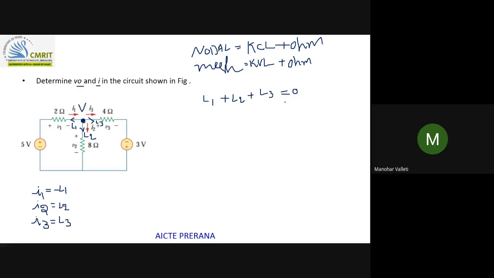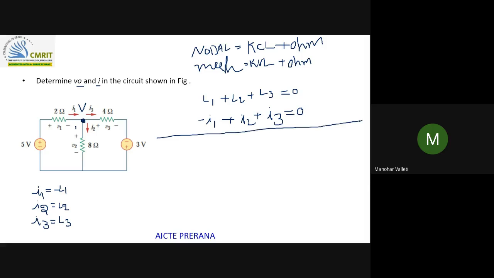Now I will replace that with my actual currents: minus I1 plus I2 plus I3 equal to 0. Fine.